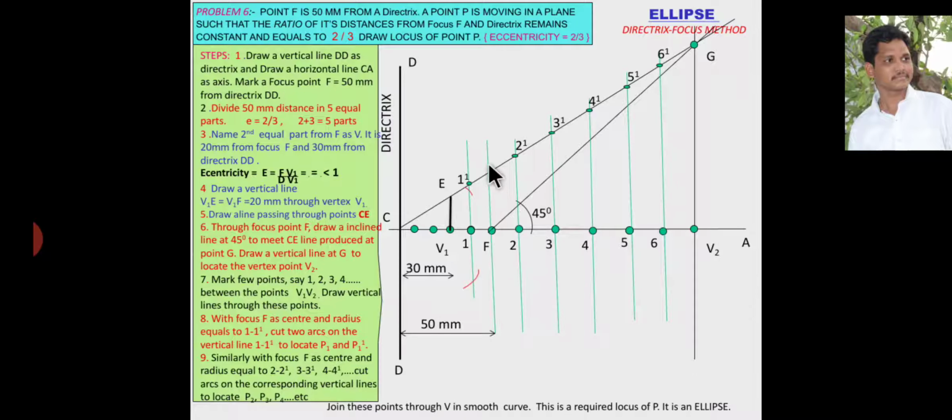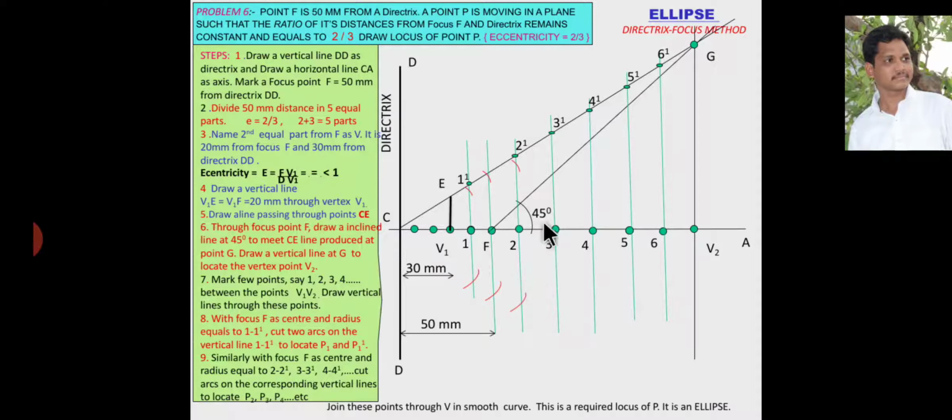Similarly, consider F to this point as radius and F as center. Draw an arc like this. Now 2 2 dash as radius and F as center, draw arcs on the 2 2 dash line.